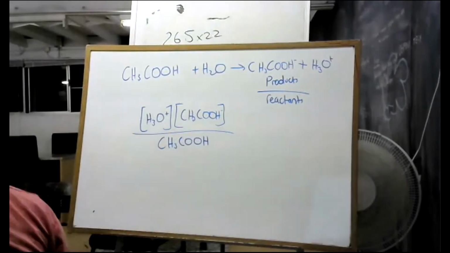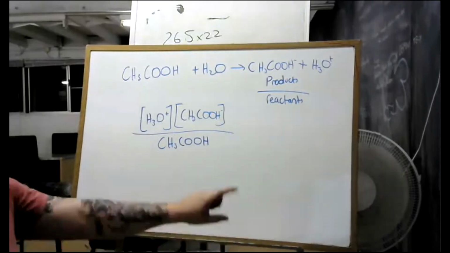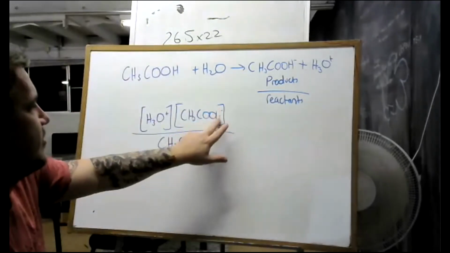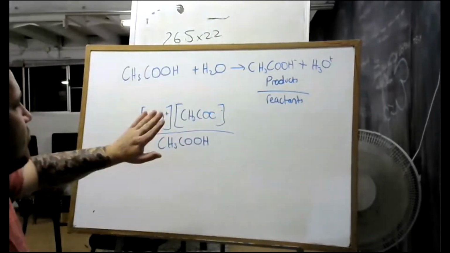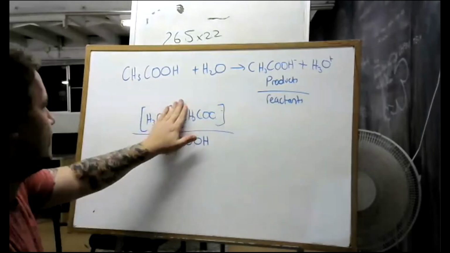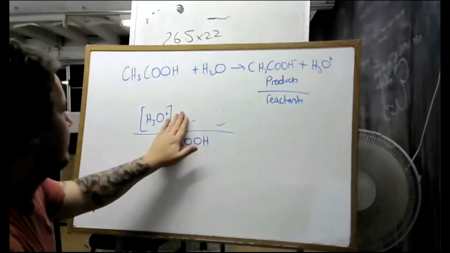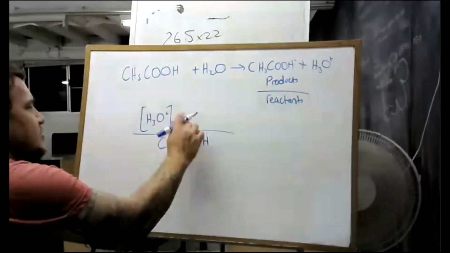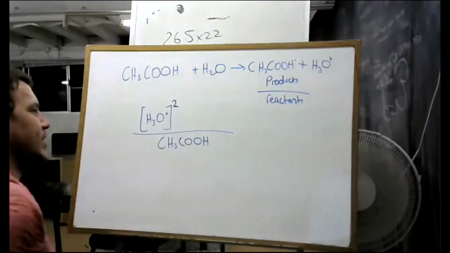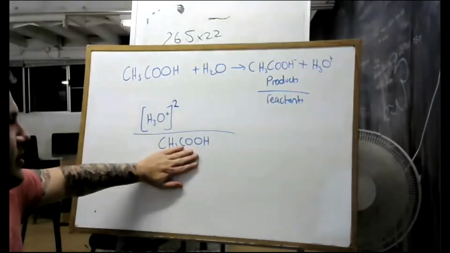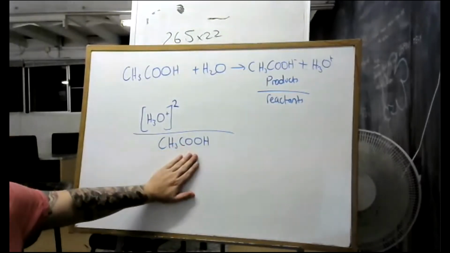In an acid and base equilibrium question, because we are only concerned, sorry, that should just be C. So we do not write this. We get rid of the conjugate base of the acid there. We just put H3O plus squared over the original acid.